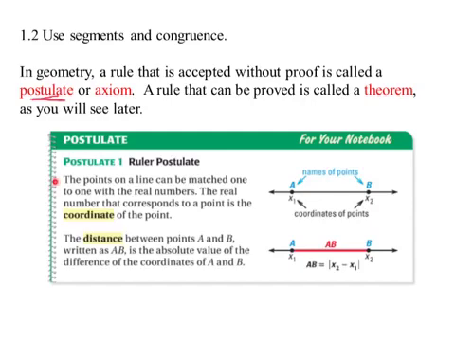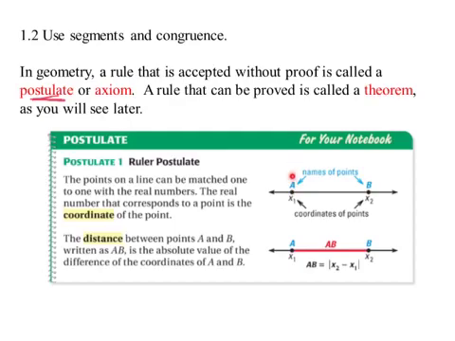The points on a line can be matched one-to-one with the real numbers. The real number that corresponds to a point is the coordinate of the point. The distance between points A and B, written as AB, is the absolute value of the difference of the coordinates of A and B. So the ruler postulate tells you that you're going to take a ruler and put it between point A and B, and the points on the line are going to be matched one-to-one with real numbers.